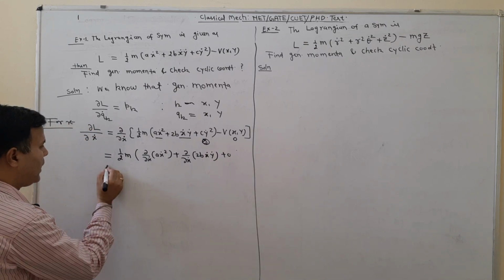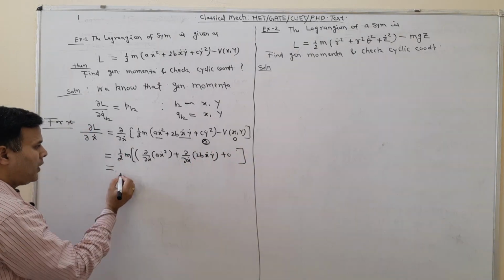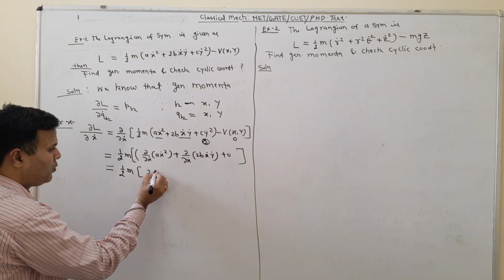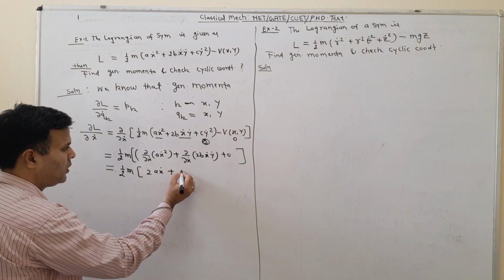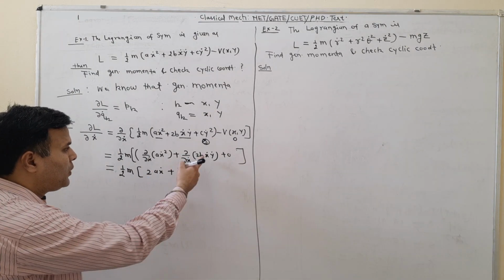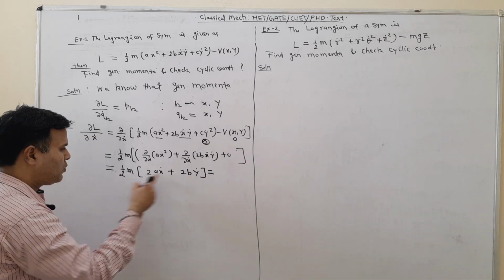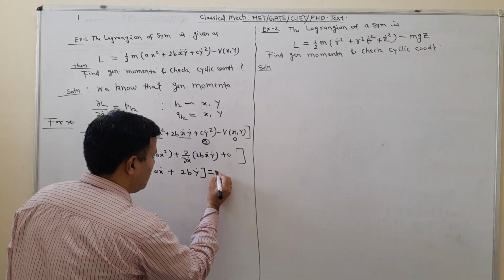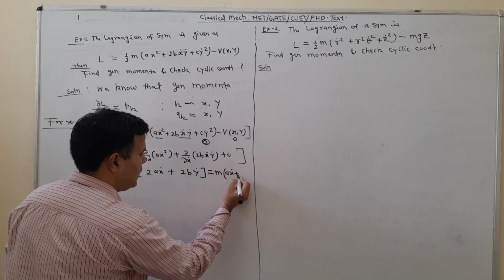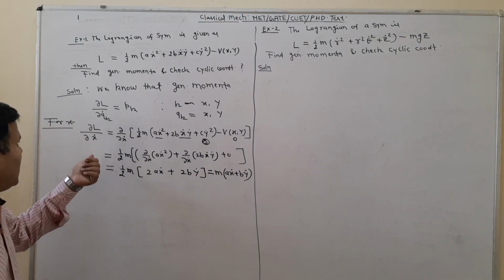So we have 1/2 m times (2a x dot + 2b y dot). The 2 and the 2 cancel out, and we have simply m (a x dot + b y dot). This is ∂L/∂x dot.